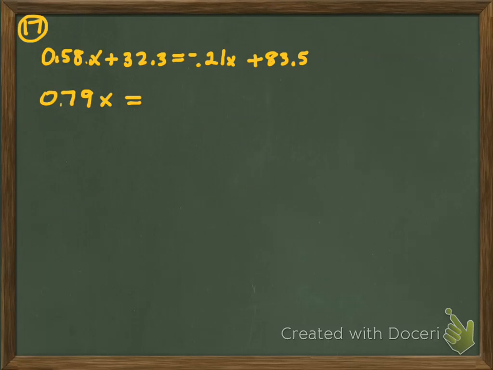So we're going to also subtract 32.3 from both sides, which will give us 51.2. And then obviously we need to divide both sides by 0.79 and get 69.56.